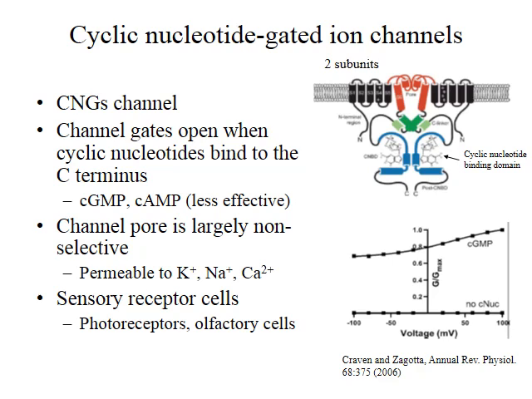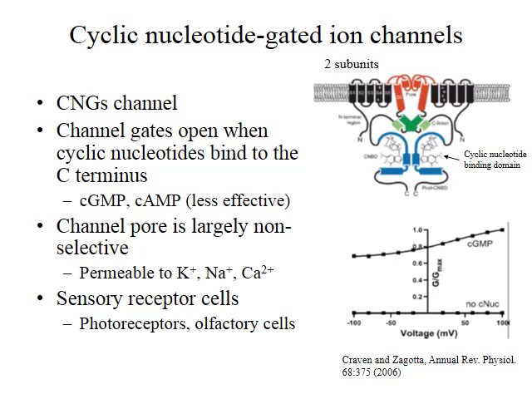These channels play a very important role in sensory transduction in various sensory receptor cells, primarily in photoreceptors and in olfactory cells. And the effect of cyclic nucleotides on the open probability of the channels is shown in the graph on the lower right. When no cyclic nucleotides are present, the channel has an open probability of 0.